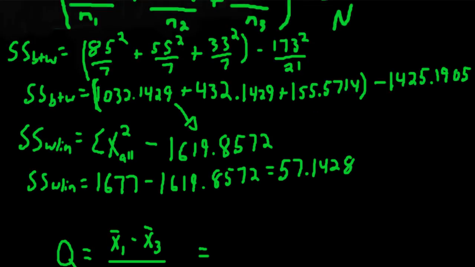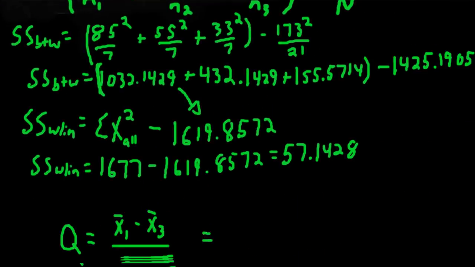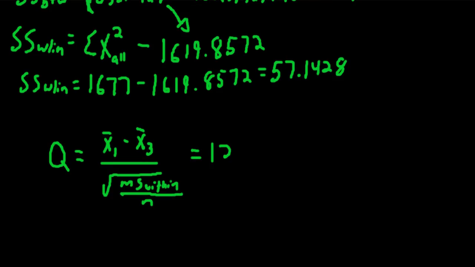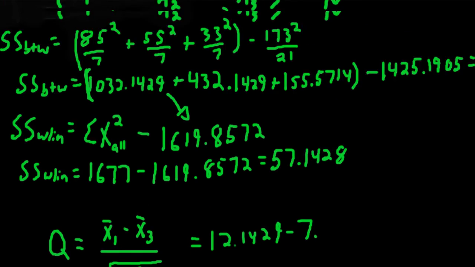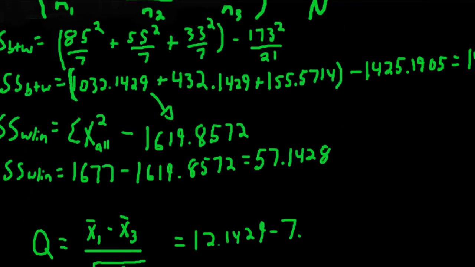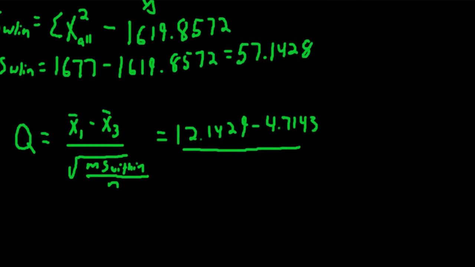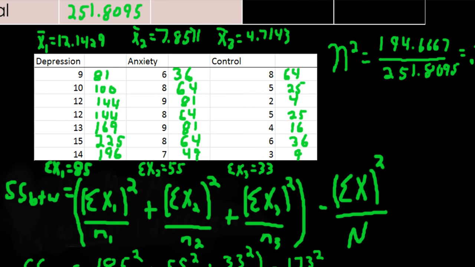So here we have 12.1429, subtract 4.7143, divided by the square root of our MS within, which we calculated earlier in the ANOVA table.